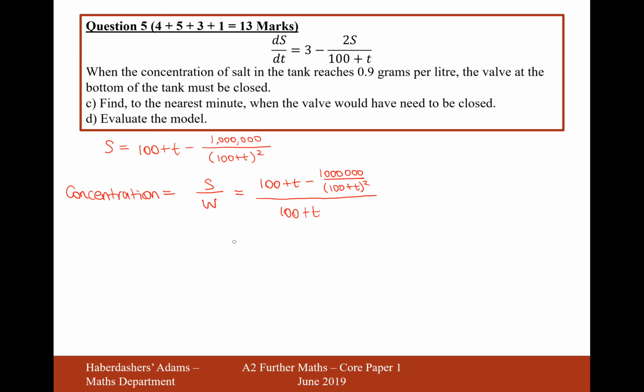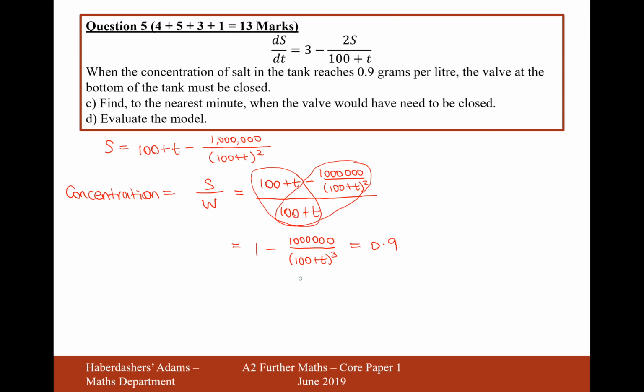So what I'm going to do here now, the concentration is going to be, I'm going to split it up into two fractions. This fraction here, and then this fraction here. So it's going to be (100 + t) over (100 + t), which is 1, minus 1 million over (100 + t)^3. And the concentration needs to equal 0.9.